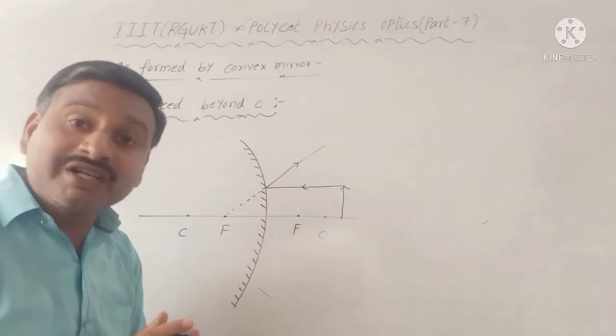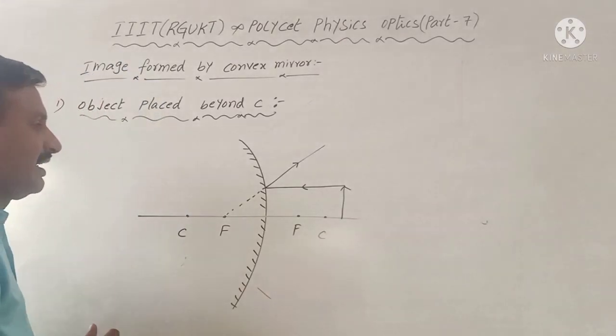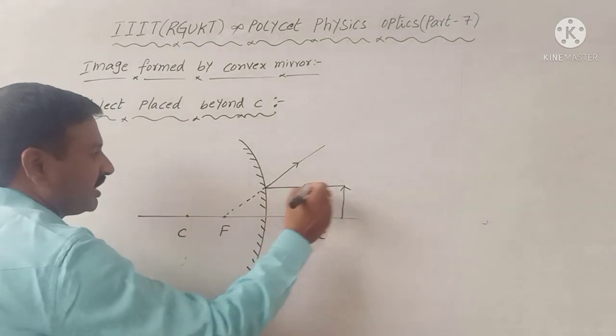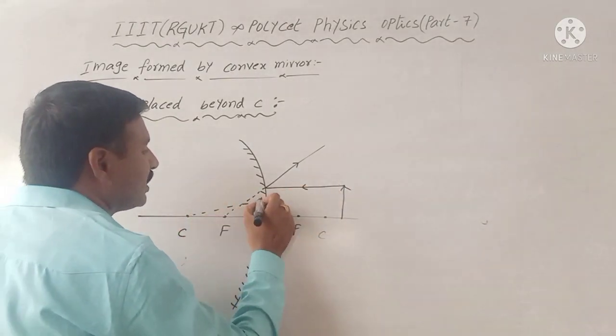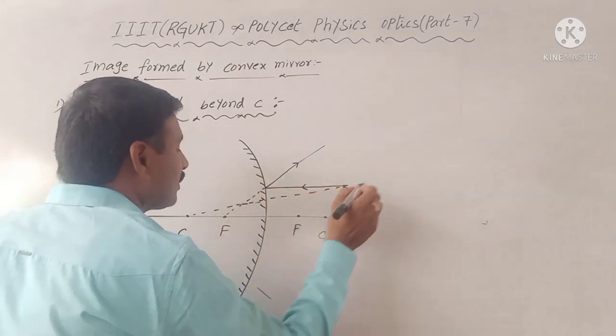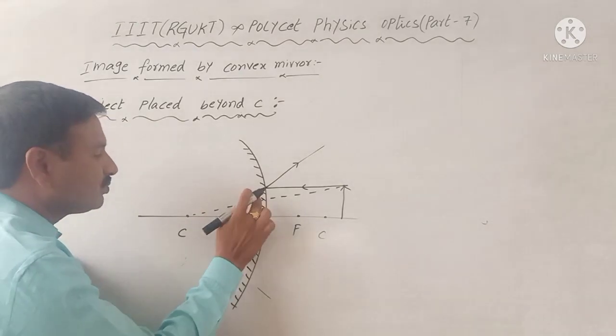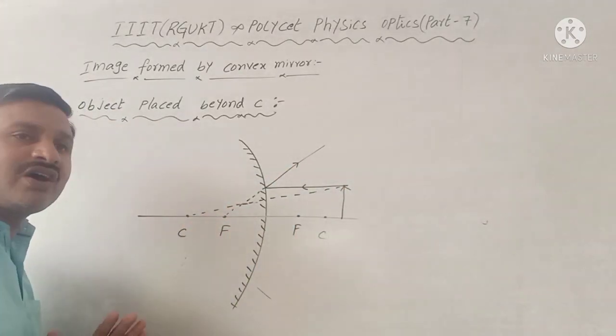No. So then we take rule 3. Rule 3 says a ray passing through the center of curvature, after reflection, retraces back.